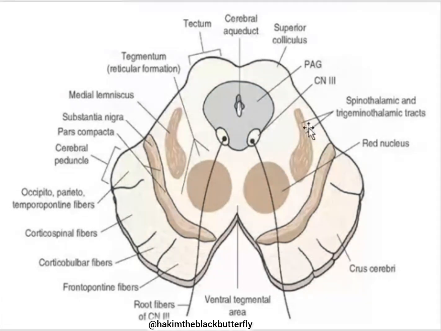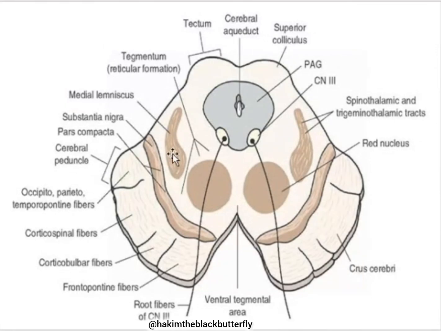Then we are going to see the tracts. These include the medial lemniscus, the spinothalamic tract, and the trigeminothalamic tracts, seen at the level of the superior colliculus. And then the red nucleus. You remember the rubrospinal tract?